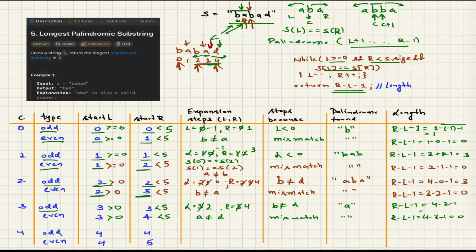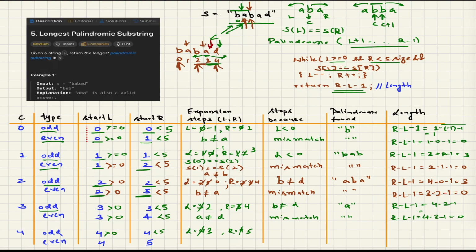Now this is the last one. Obviously S of 4, wait, let me not skip steps. Is this greater than 0? Is it 5? Is S of 4 equal to S of 4? Definitely it is. Then I decrease to 3, and then I increase to 5. Then is L greater than 0?